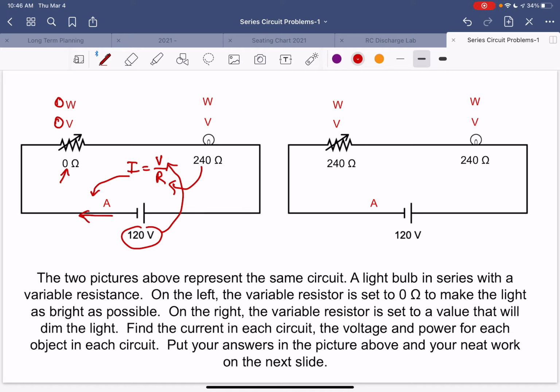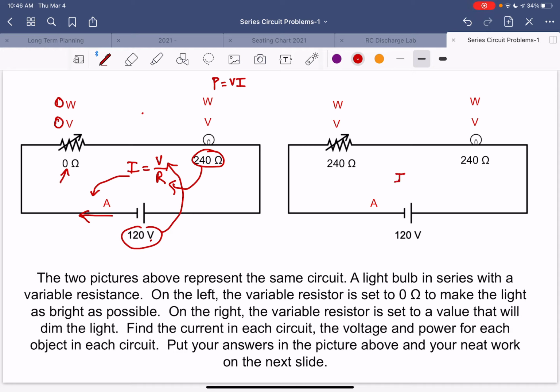Then you can use that current to find your voltage because you know the resistance, and then you can find your power. The voltage should be the same as the battery since the light bulb is the only thing using up energy.